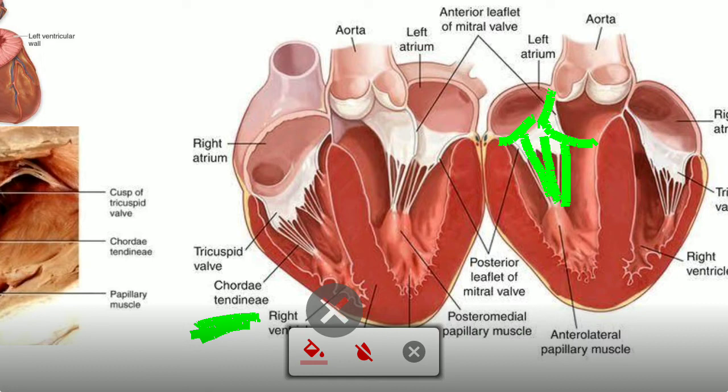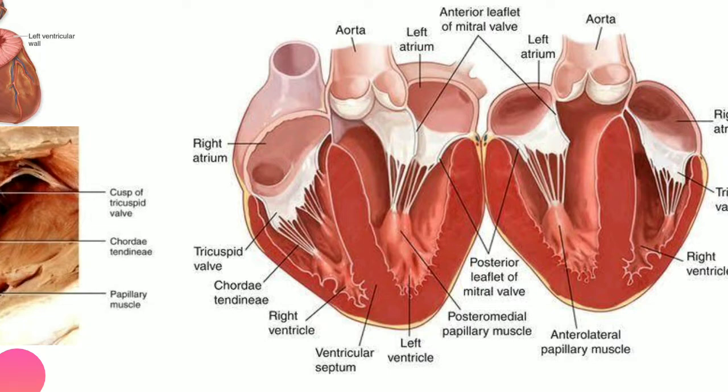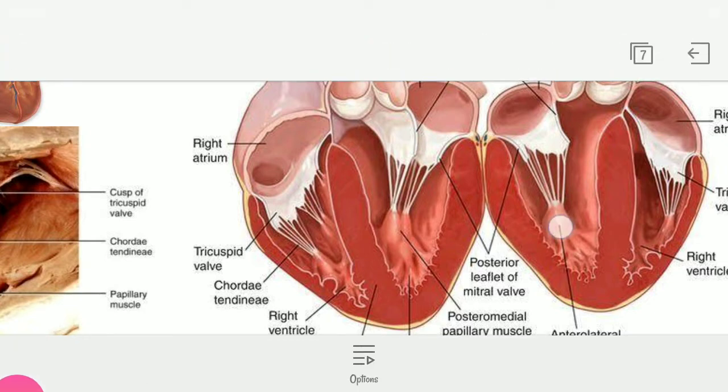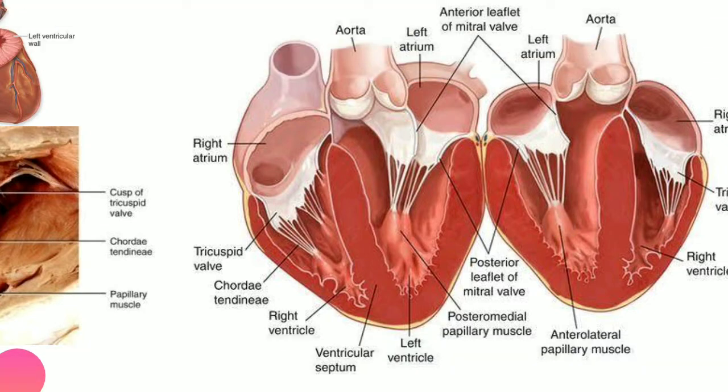These cords are connected to the papillary muscles. The anterolateral papillary muscles hold the chordae tendineae so that the cusps can open and close.